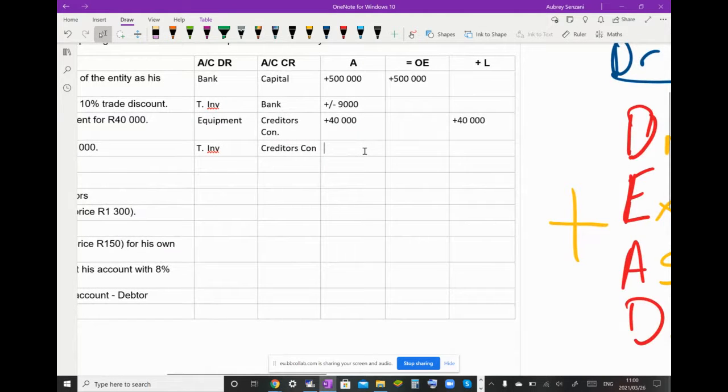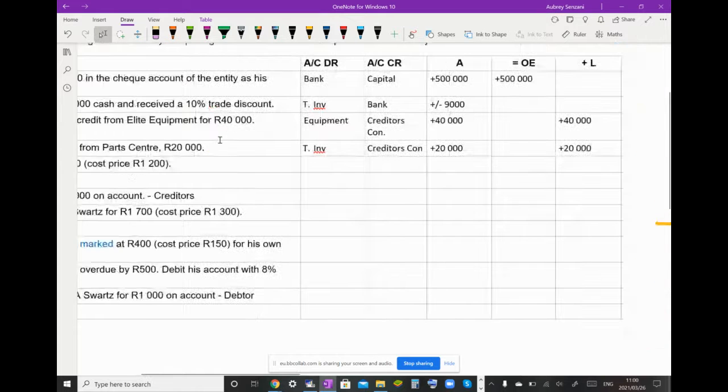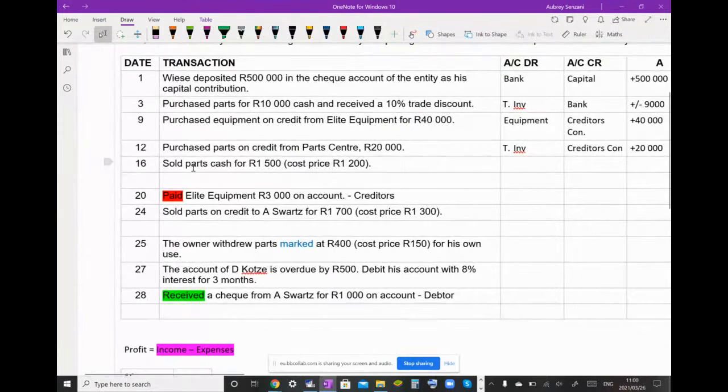So assets are going to increase by 20,000, and your liabilities are also going to increase by 20,000. Okay. And we go to the 16th.